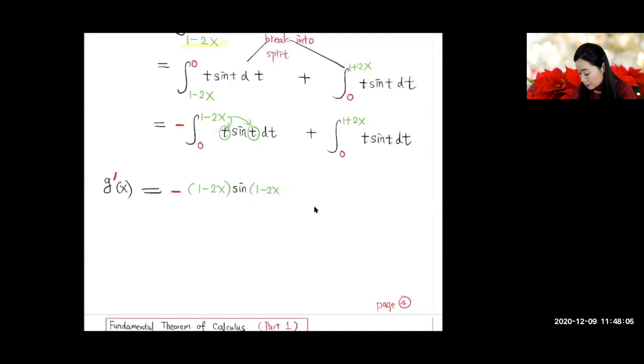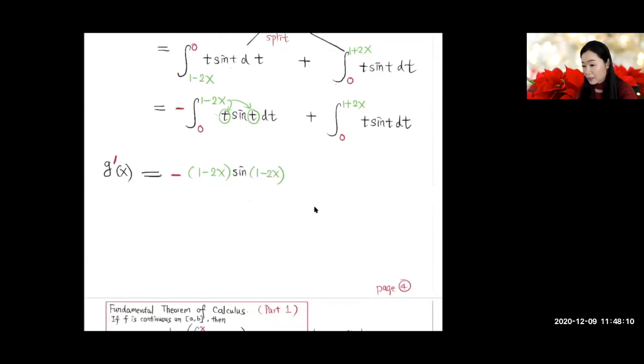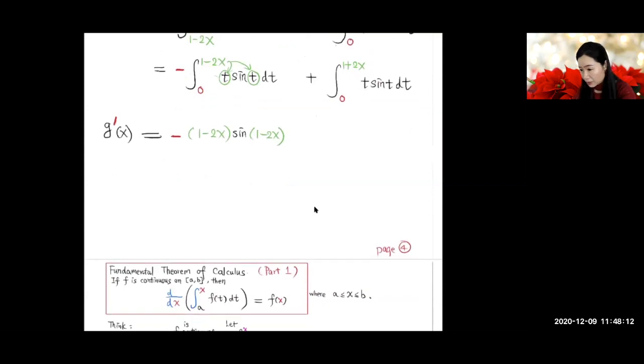But this is not all. By the chain rule, we have to multiply this by the derivative of this function right here. This is a function of x. So what's the derivative of this with respect to x?